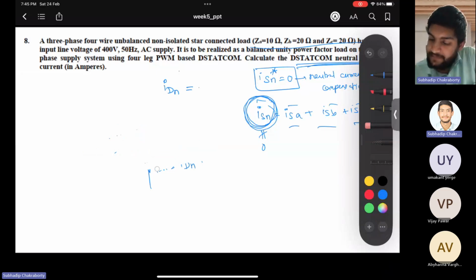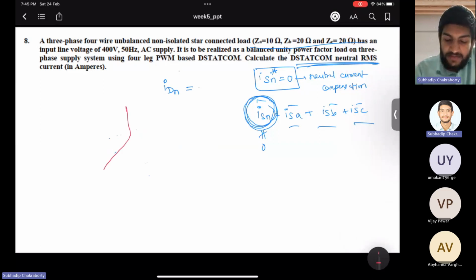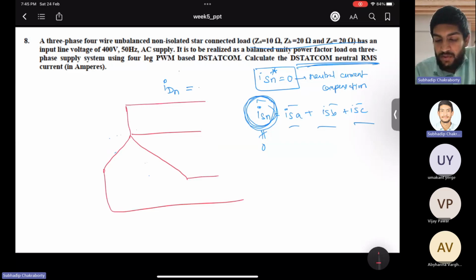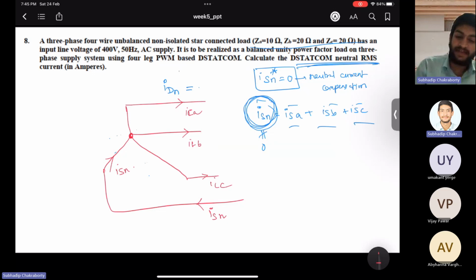So what was happening? This was the supply. So your load was ILA, ILB, ILC, and all these three were summing up from here, carrying ISN. But these are also, we can tell ISA, ISB, ISC.